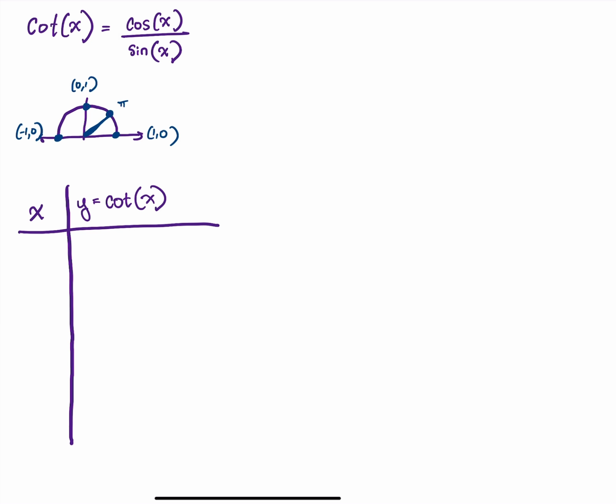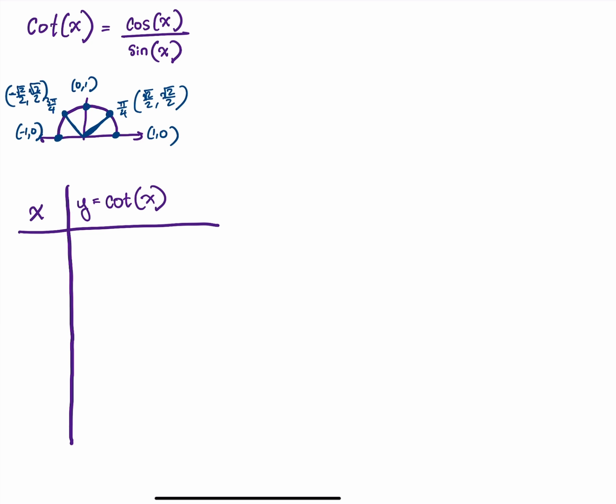So at pi over 4, this is root 2 over 2, root 2 over 2. And then over here would be 3 pi over 4. So in the second quadrant, the x value is negative. So negative root 2 over 2, positive root 2 over 2. So now we're dividing cosine by sine, so it'll be the x-coordinate divided by the y-coordinate.